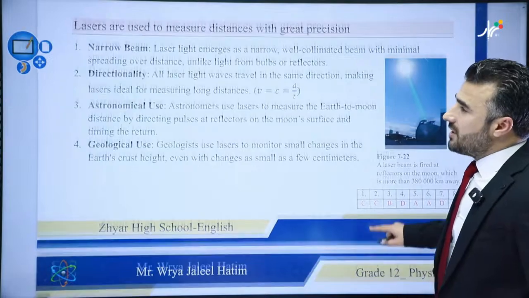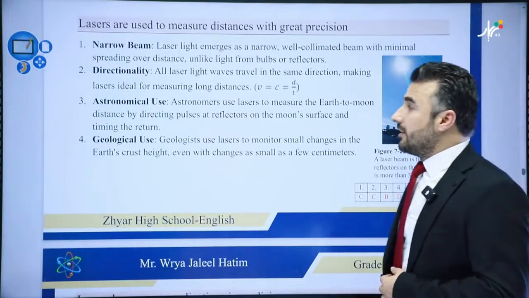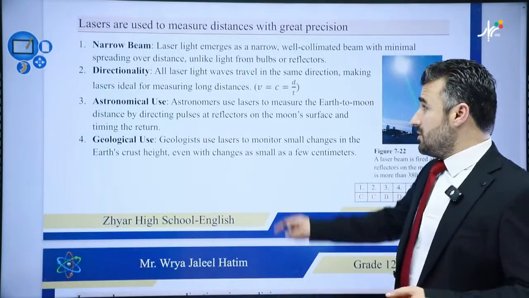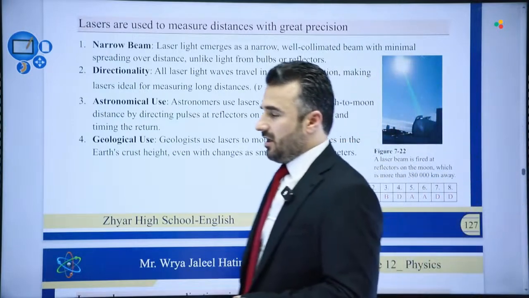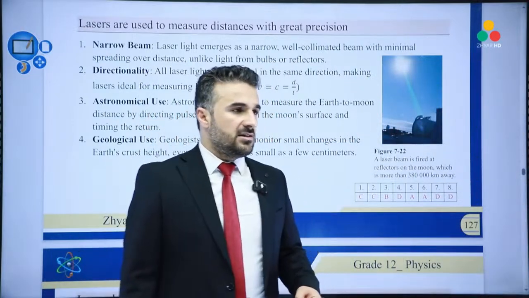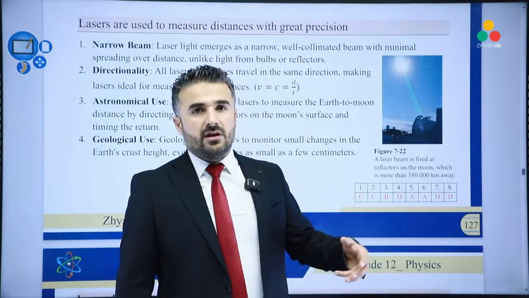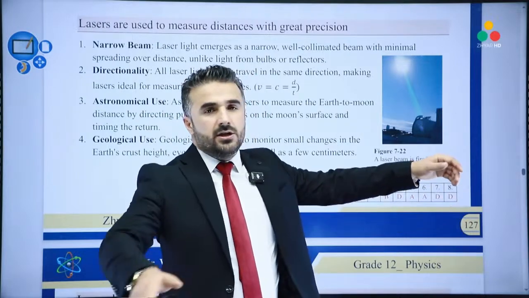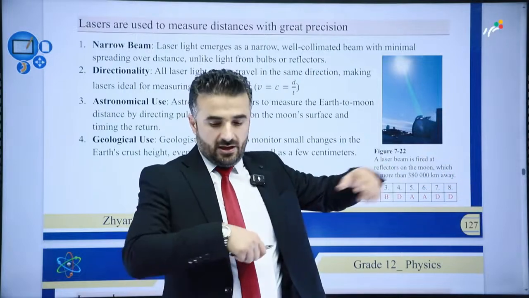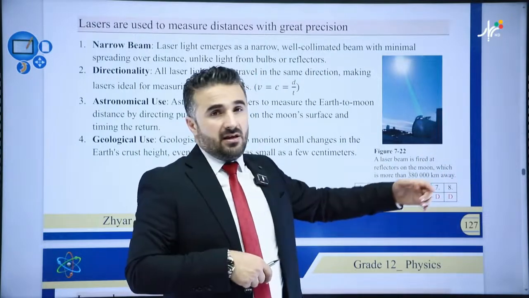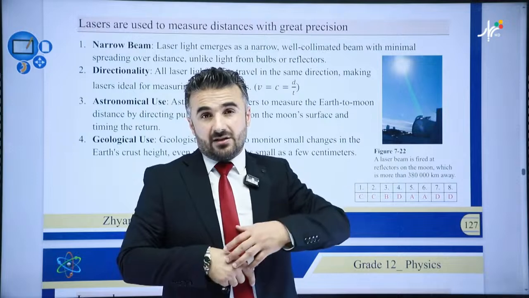Now lasers can also be used in astronomy. Astronomers use lasers to measure the Earth to Moon distance. How do they do that? Imagine we have a mirror on the surface of the Moon. You can direct a beam of laser onto the surface of the Moon and time it, and the laser will be reflected back to the Earth.